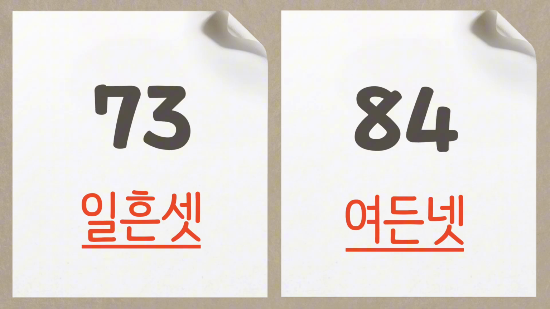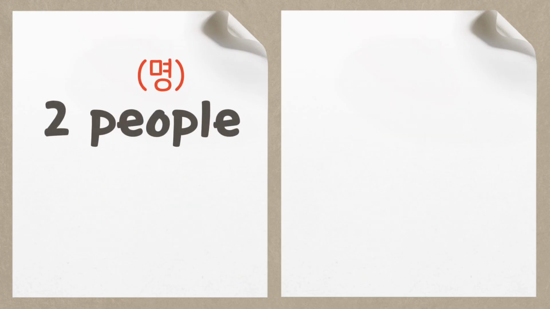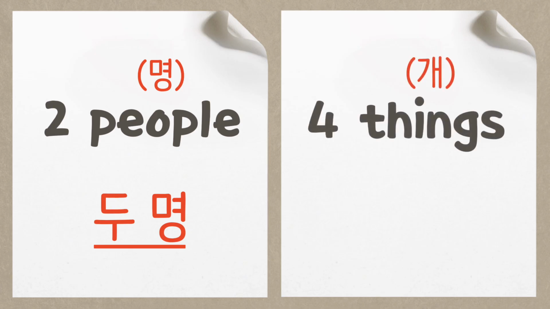How do you say two people? 두 명. How do you say four things? 네 개.